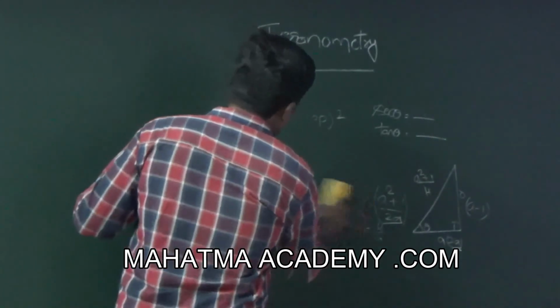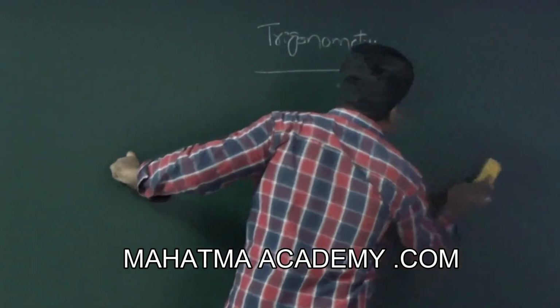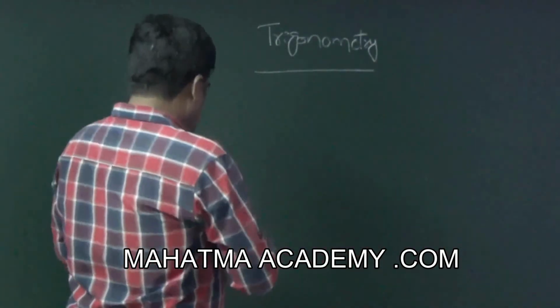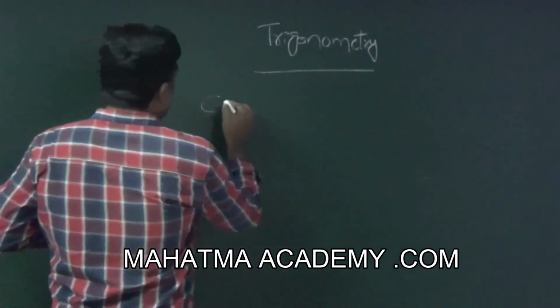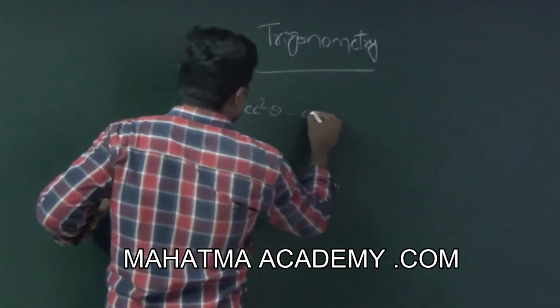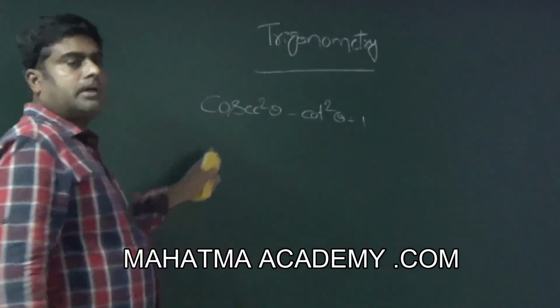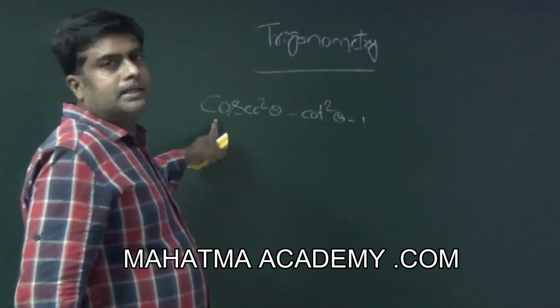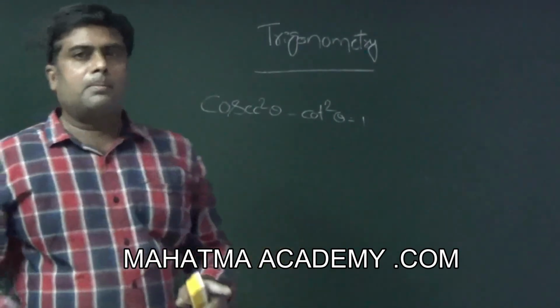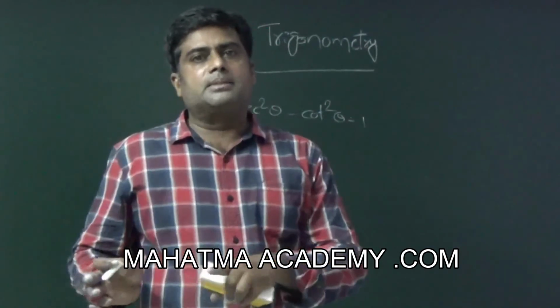In similar fashion, cosecant square theta minus cot square theta equals 1 is also a formula. This formula also looks like a square minus b square, a plus b into a minus b.